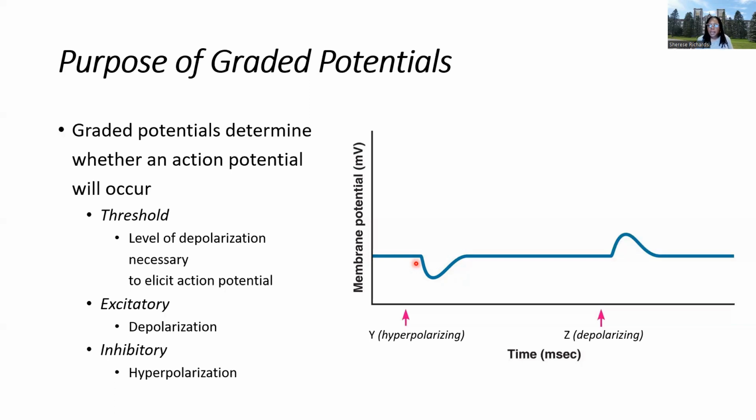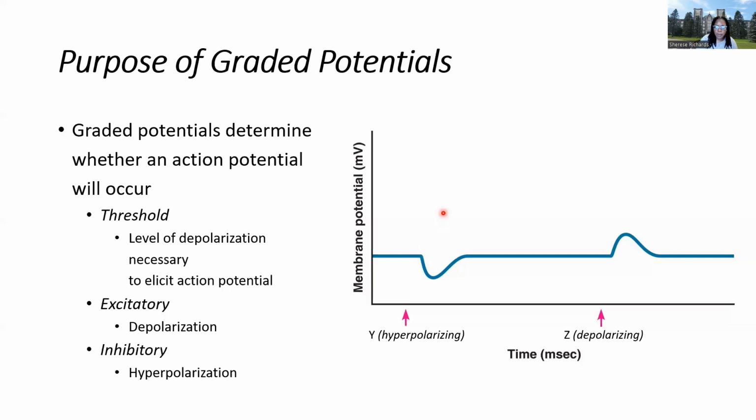So depending on the type of graded potential that we see, we can either make it more favorable or easy to get to that -55, therefore easier to fire an action potential, or we can make it harder by making a hyperpolarizing change, which would put us further away from that -55 threshold requirement, okay?